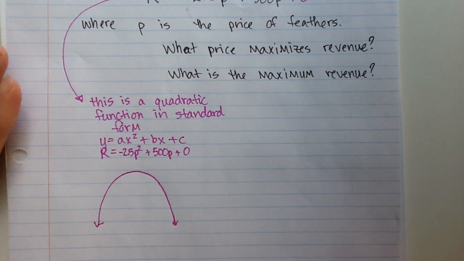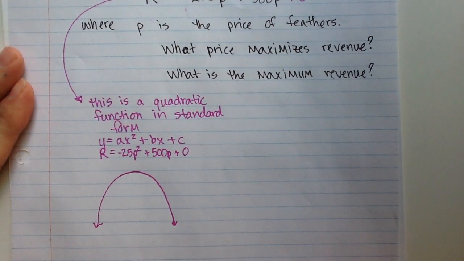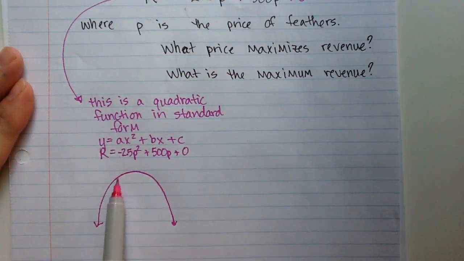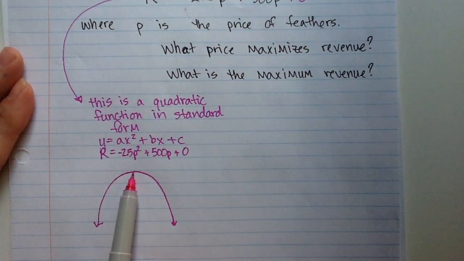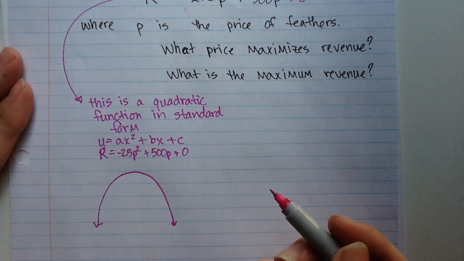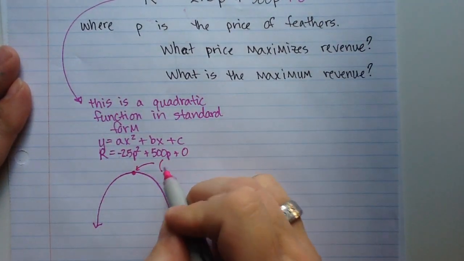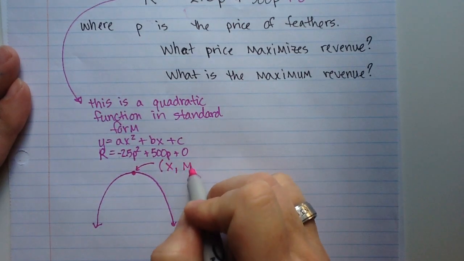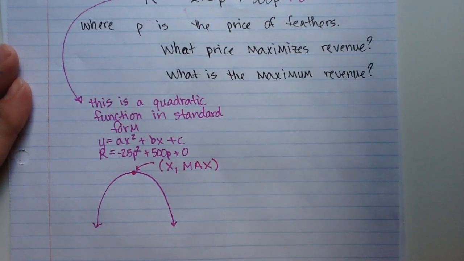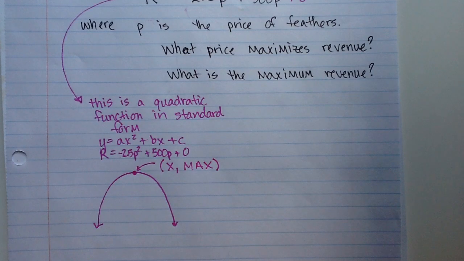So since the graph looks like this, I can find the maximum point right here at the vertex. This right here is going to be x comma the maximum value. Now, in my function, I don't have x's and y's, I have R's and p's.